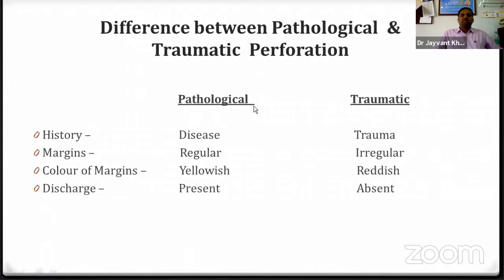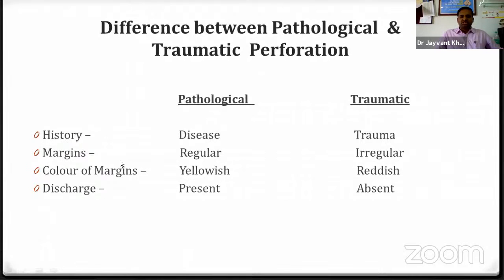In the history of pathological perforation, definitely a disease condition is there. But in the traumatic condition, there is a history of trauma, as I said earlier: hairpin, slapping, sounds with high intensity like Dolby, or any trauma which leads to traumatic perforation.